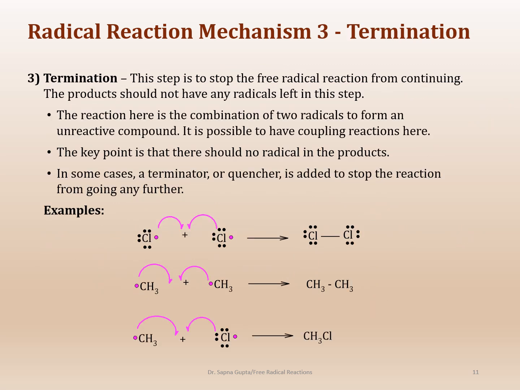And the last step of the reaction is the termination step. Termination means that you're trying to stop the reaction from happening. There are a few ways that you can stop the reaction, and one of them is to add a quencher or a terminator, as we say. And a terminator or a quencher, what is that?